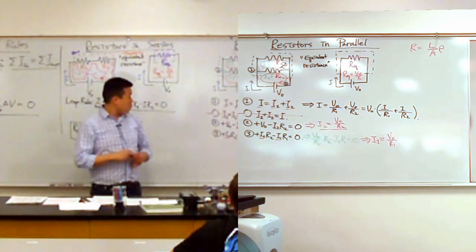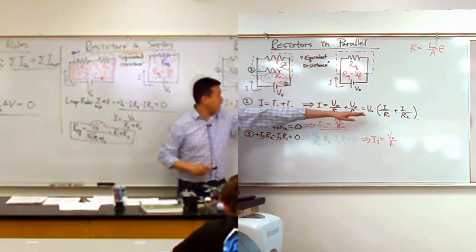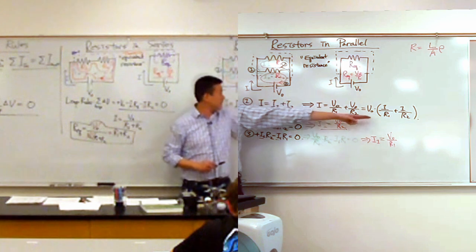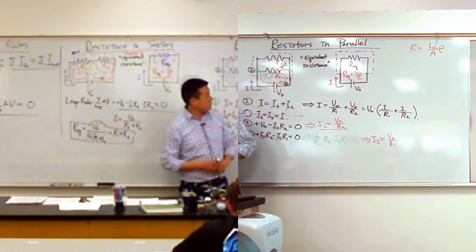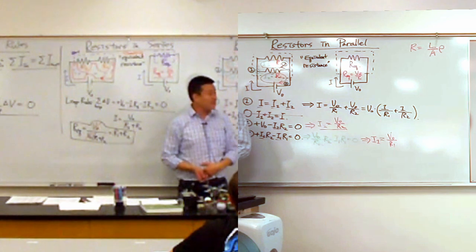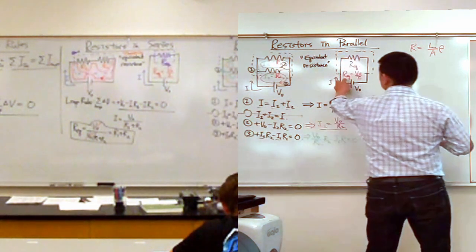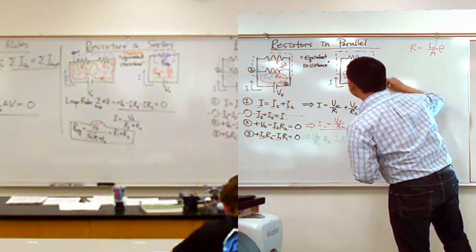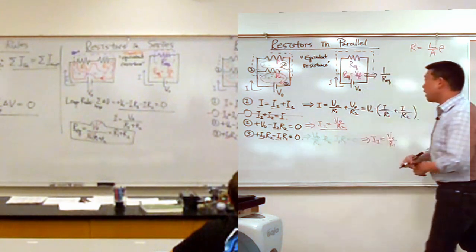Yeah. So to find the equivalent resistance, I can plug this in here and solve. But let me actually re-express it in a way that's more convenient because it keeps the expression simpler. So instead of trying to solve for R equivalent, let me say I want to instead solve for its reciprocal, 1 over R equivalent.